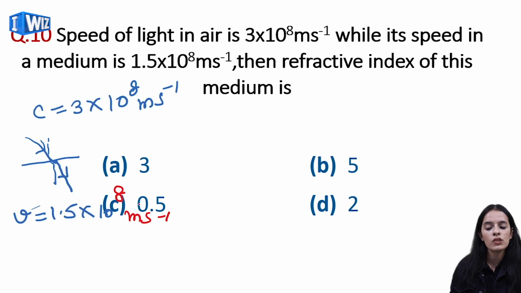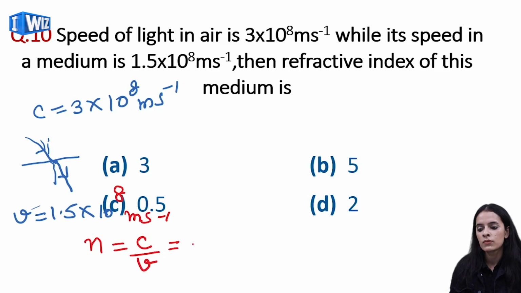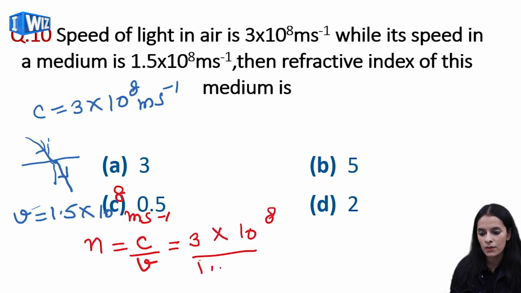The refractive index of this medium is? Refractive index is denoted by the symbol N, and it's the ratio of the speed of light in vacuum or air divided by the speed of light in the medium. So what's the speed of light in air? 3 into 10 raised to power 8. You have to tell the refractive index of the medium. So what will it be? 3 into 10 raised to power 8 divided by 1.5 into 10 raised to power 8.